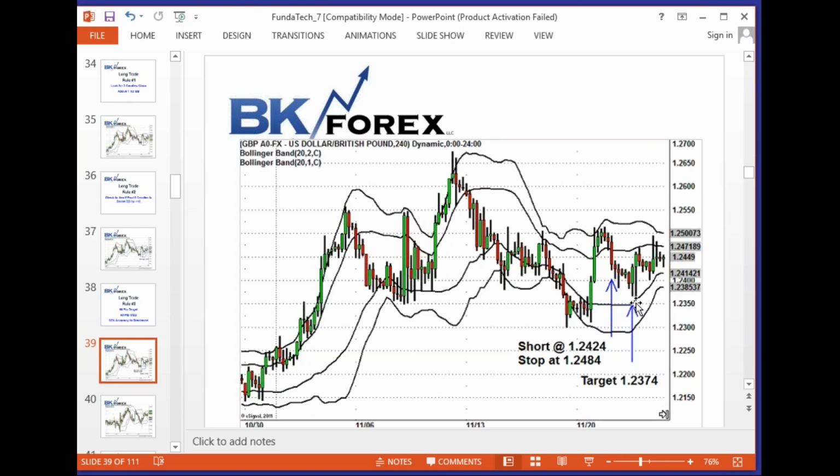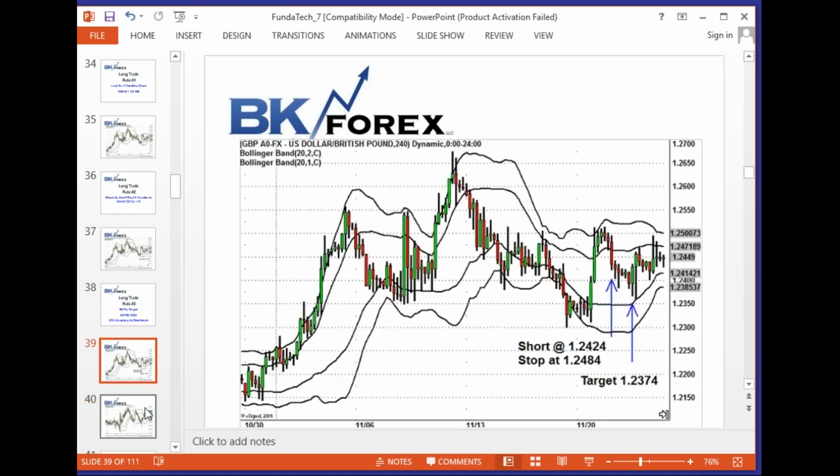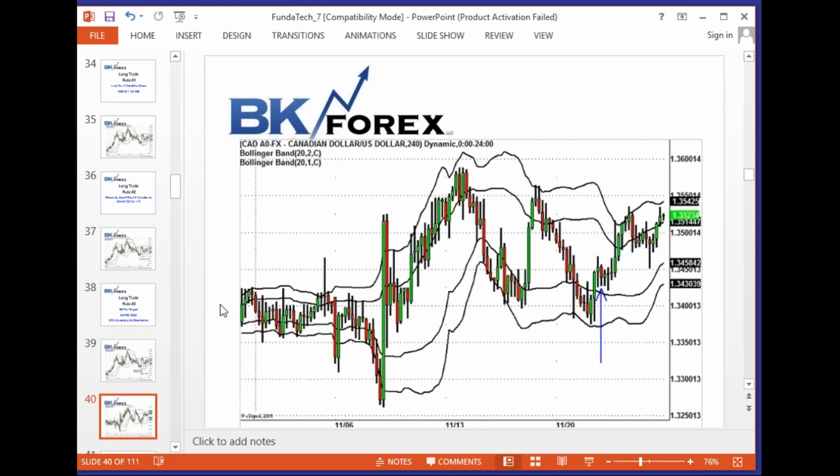And please remember, because it's a 4-hour chart, we need to be more nimble with our targets, which is why you can see on the charts that the move isn't very extravagant. So we shorted here, and you can see that our first target was reached, and it's 1-to-1 on a short-term basis.